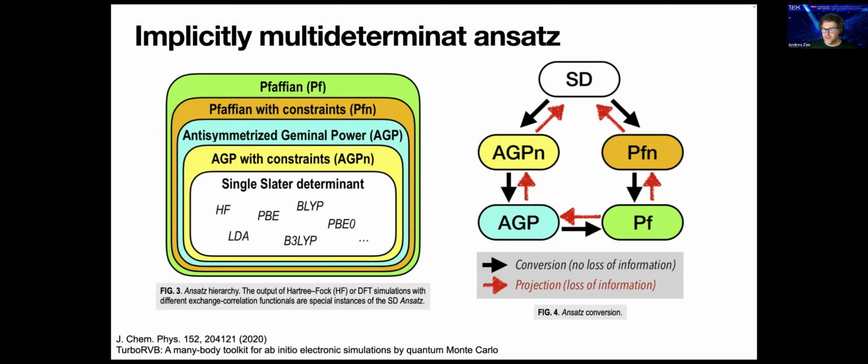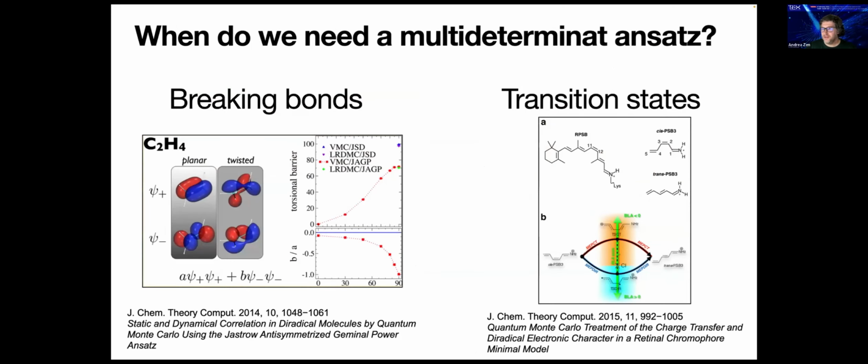This hierarchy of ansatzes can be used to have a better description of a physical system. And so the question is, well, do we need this? When do we need to go beyond the standard ansatz, the single Slater determinant with just a Jastrow factor? The general answer is when there is strong correlation.